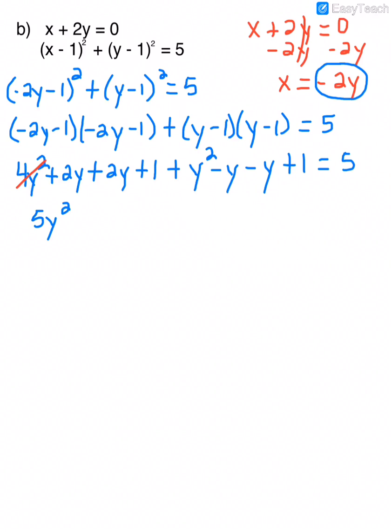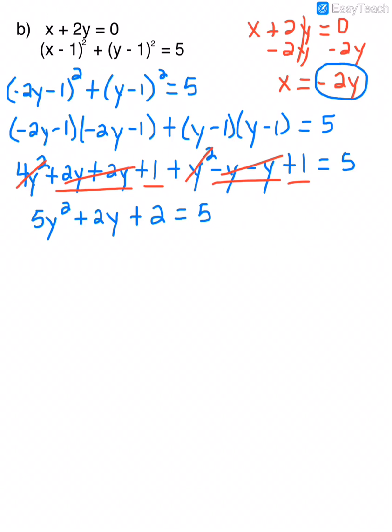Okay, so I'm done with the y squareds. Now let's look at the y's. 2y plus 2y is 4y. Minus y would just be 2y. Okay, so now I'm done with the y's. And I have 1 plus 1, that would be 2, equals 5.